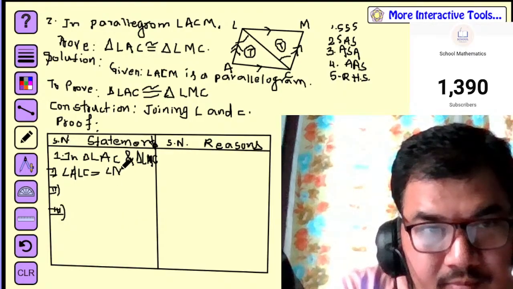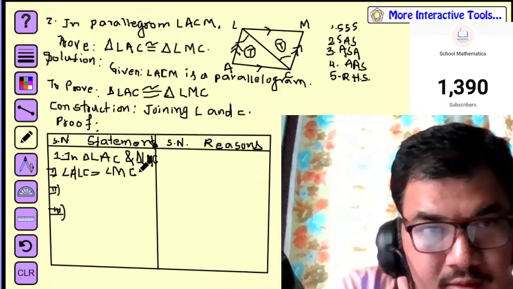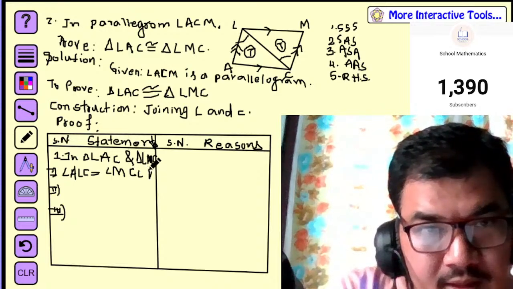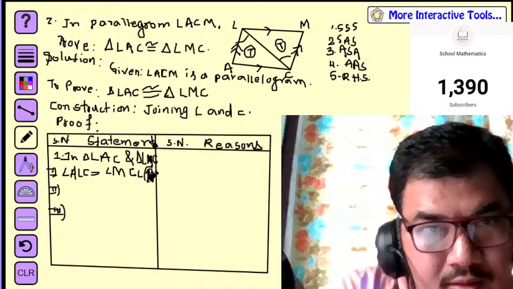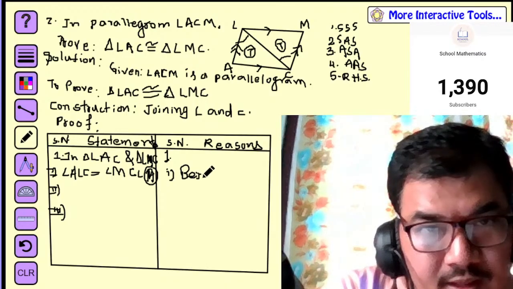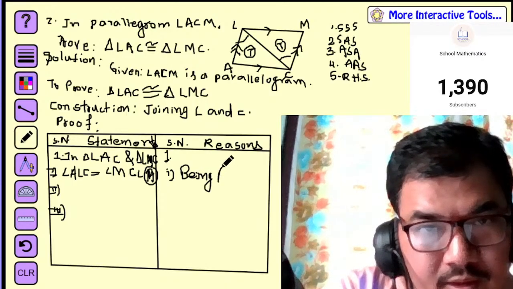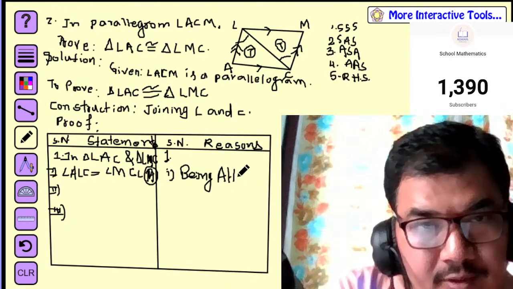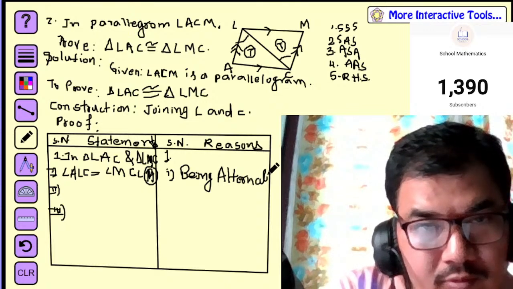Make it A. This is number one. The reason is being alternate angles, they are equal.